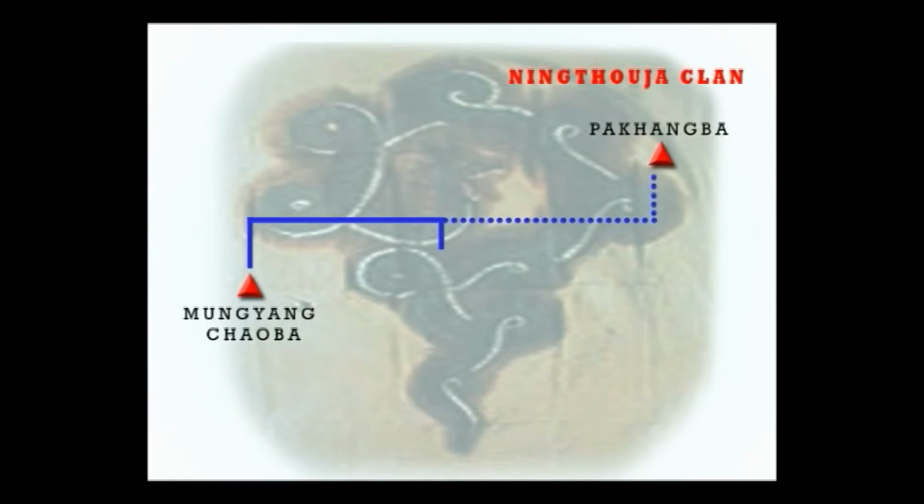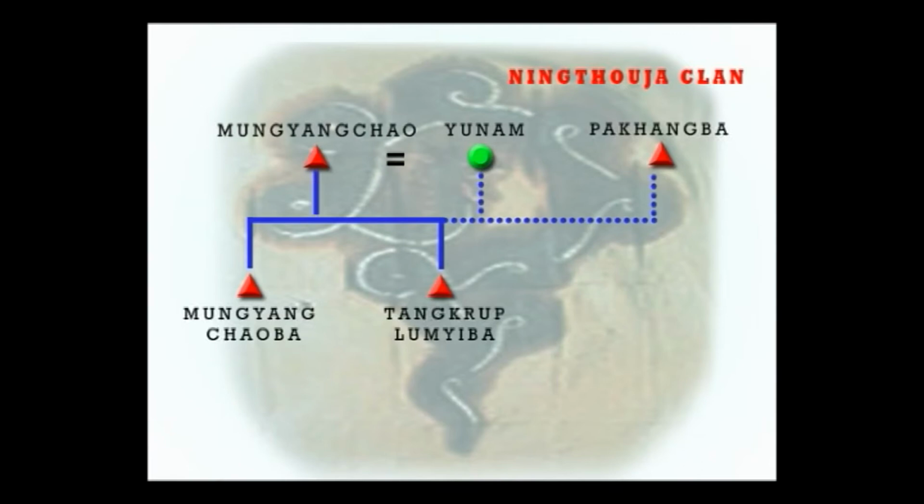For instance, Pakhangba, the mighty king who belonged to the Ningthauja clan, while taking asylum in Moirang, became the conjugal father of two sons, Mungyang Zaoba and Tangkrup Lumyiba, whose mother was Yunam and pater was Mungyang Zhao, who belonged to the Moirang Ariba clan.